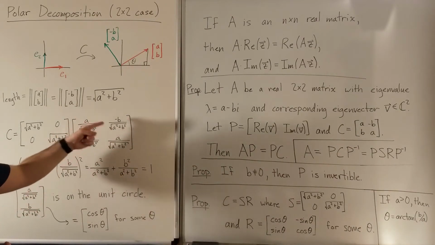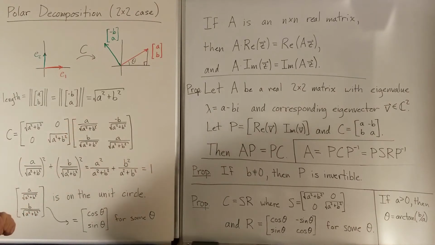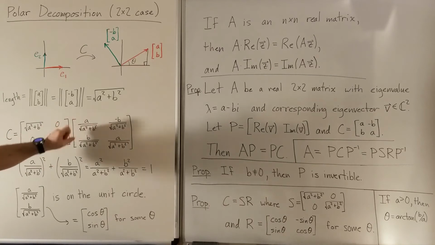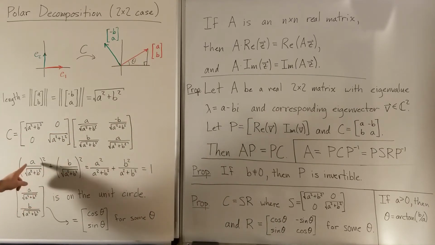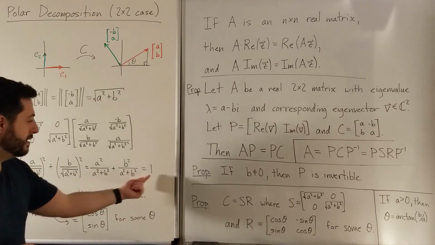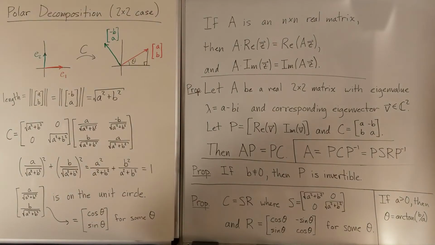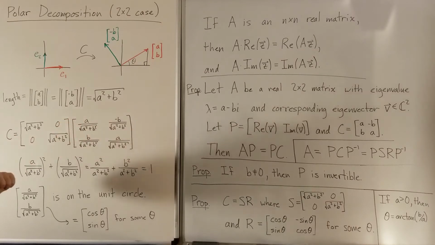So once you write these columns like this, let's just take a look at the first column here. This first column is this number and this number. So when I take these two coordinates and square them and add them together, I get this, which gives us 1.